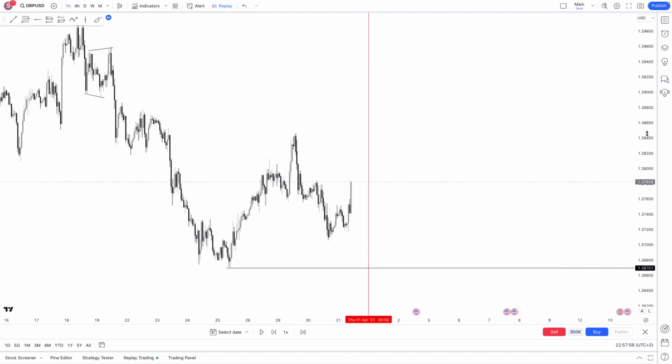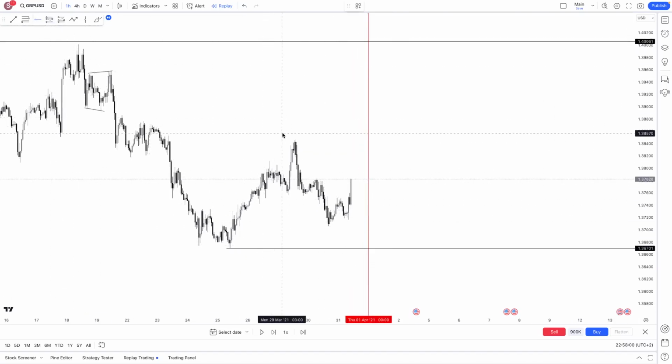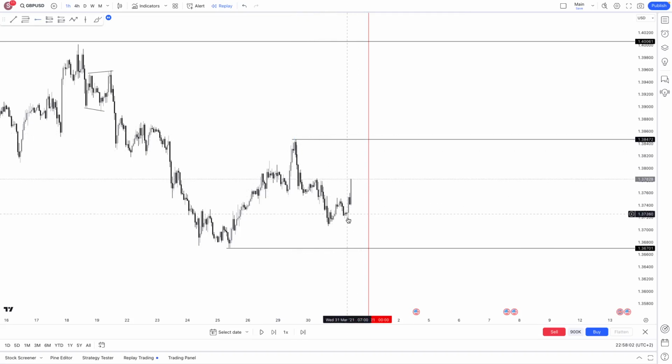So this can be developing into a bigger correction, possibly retesting these highs, or this is just an ABC for more downside. We'll see how it plays out.